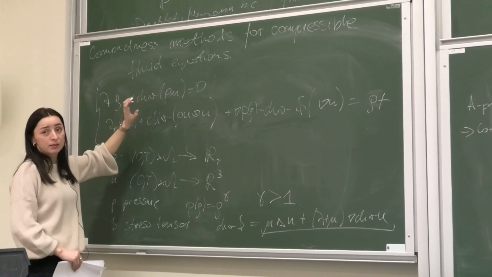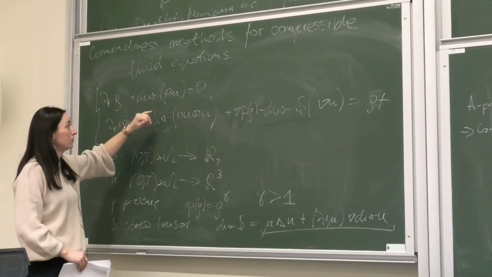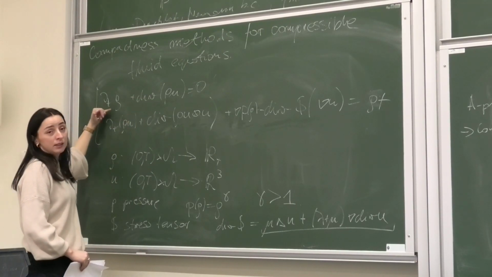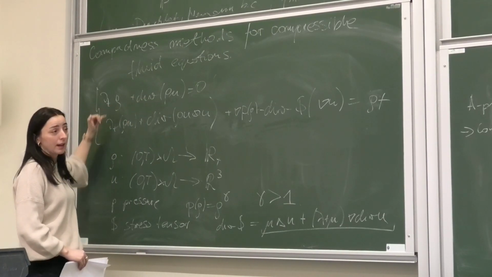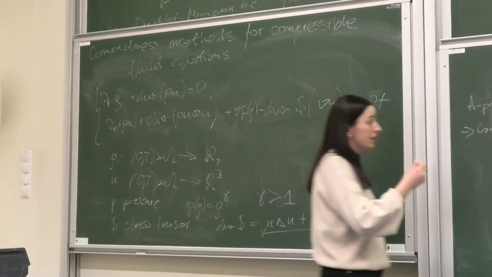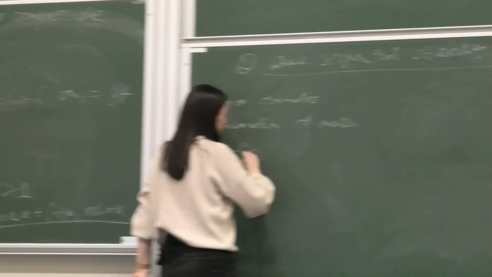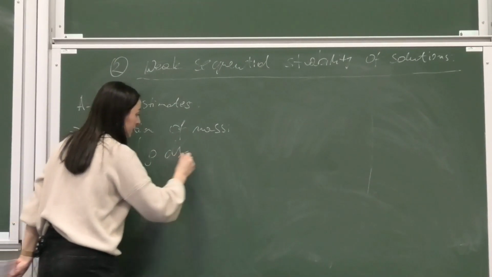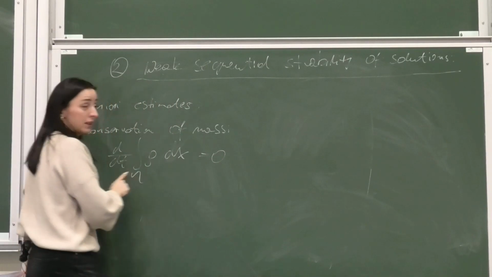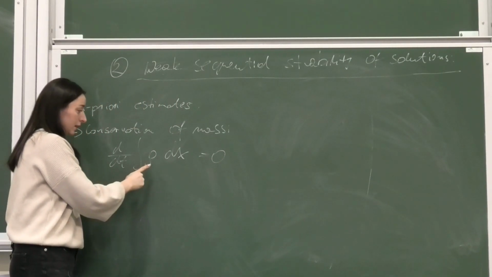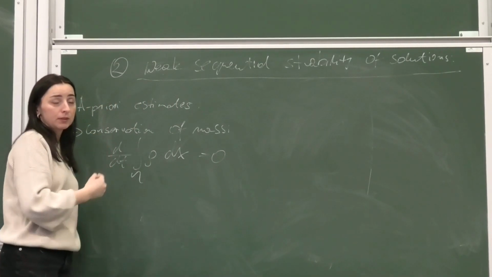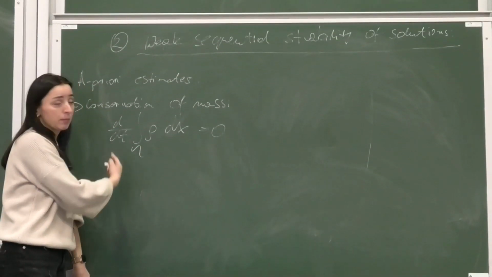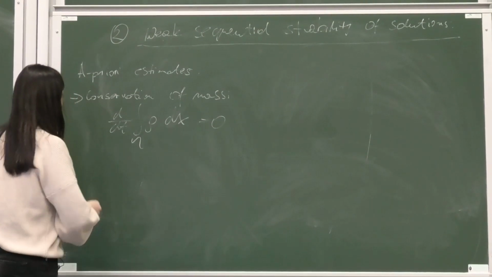If you have a torus or periodic box, whatever you like to work with, this also vanishes. And you have dt of the integral of rho, at least in the framework of classical solutions, assuming that everything has enough regularity, equal to 0. Which means that if you now integrate with respect to time, the integral at any point of time is constant and equal to the initial mass. So you prescribe mass and you prescribe this integral everywhere for each time.